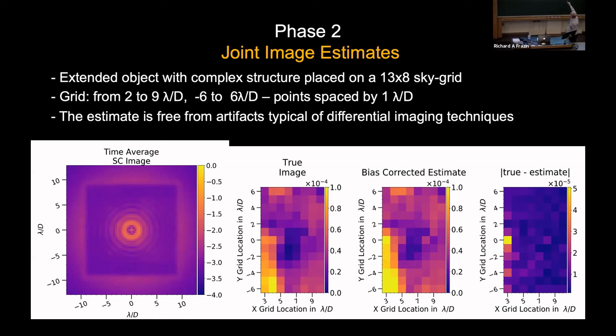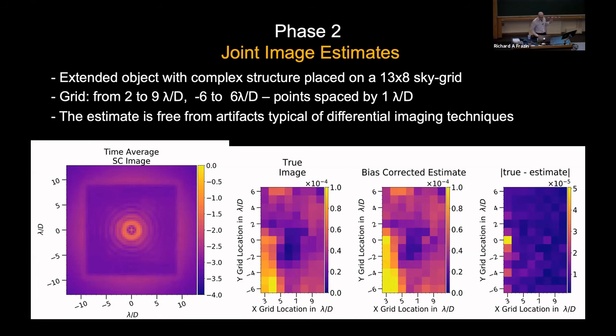And so the image that we put in is on a 13 by 8 sky grid, and the sky grid points are spaced by 1 lambda over D, so 1 resolution element. And so here is our estimate of that image, and it's very close to the true image. It has the same morphological structures.